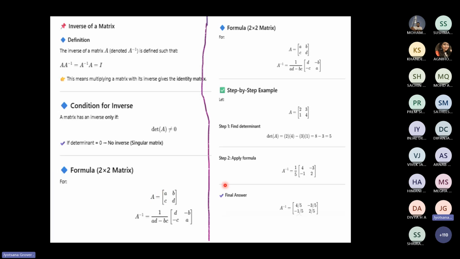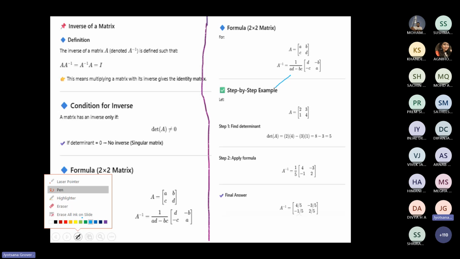I'll tell you, just using REF only you can find the inverse, and it is very, very easy because you know REF. You'll say, okay, REF is used in so many things, so you'll appreciate REF. Why did you learn REF?